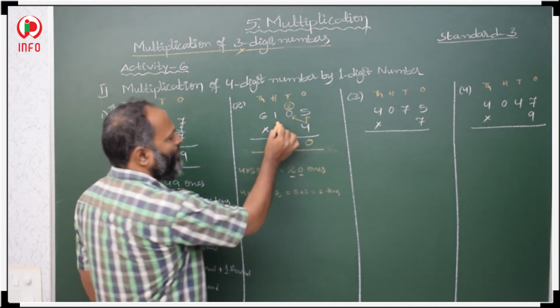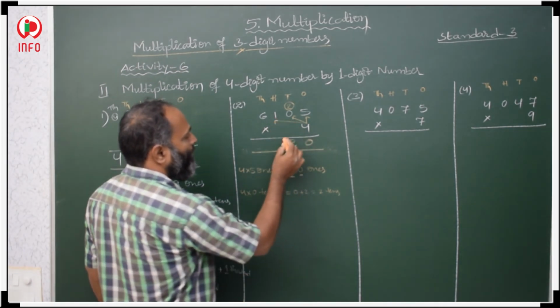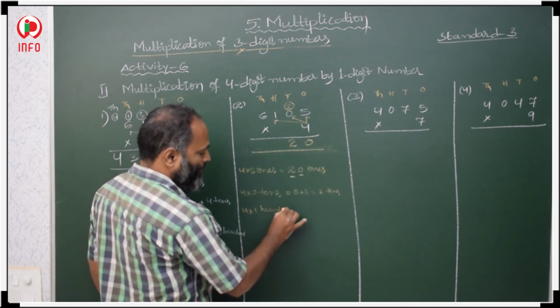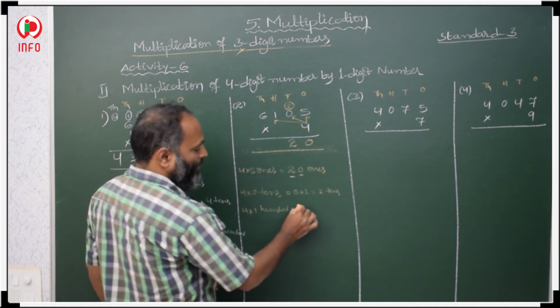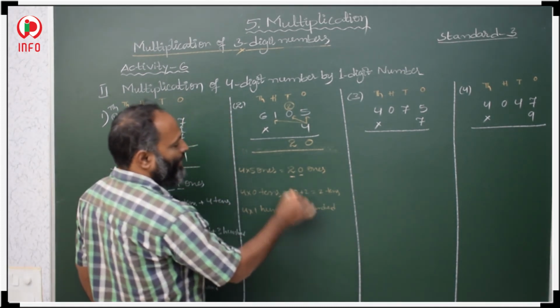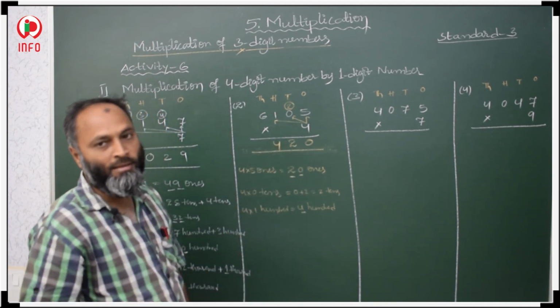Then now 4 with 100, 4 into 100, 4 ones are 400. 4 is a single digit that we have to keep in hundreds place.